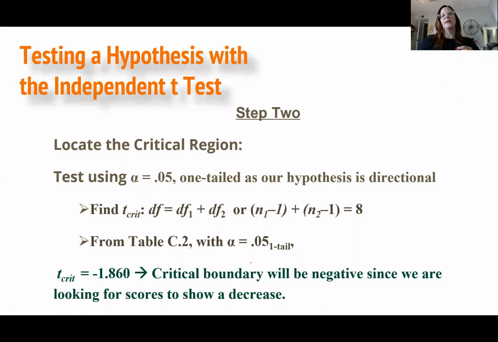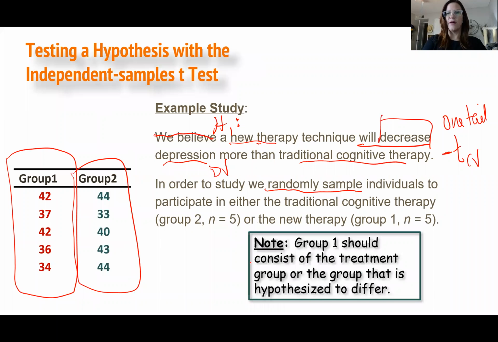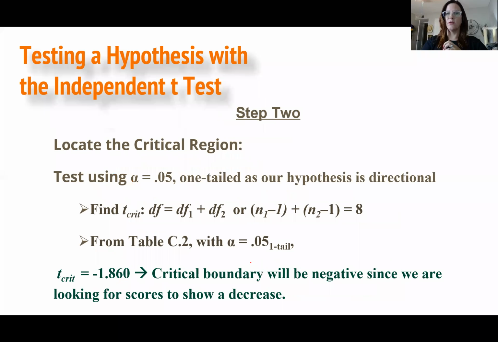So the next step is to set the criteria, meaning locating the critical region. And for you, when you're hand calculating, that means giving me your critical boundaries or critical value. So we're going to take our 2 degrees of freedom and add them together. If you remember, we had 2 samples, size 5 each. So if we took the degrees of freedom from both, it'd be 4 plus 4. So our degrees of freedom that we're going to use to look up the critical value will be 8.